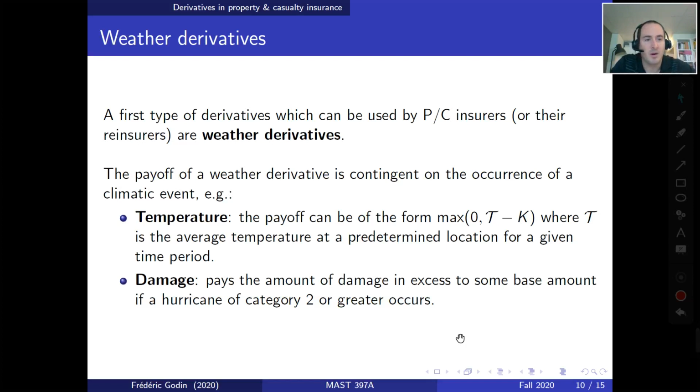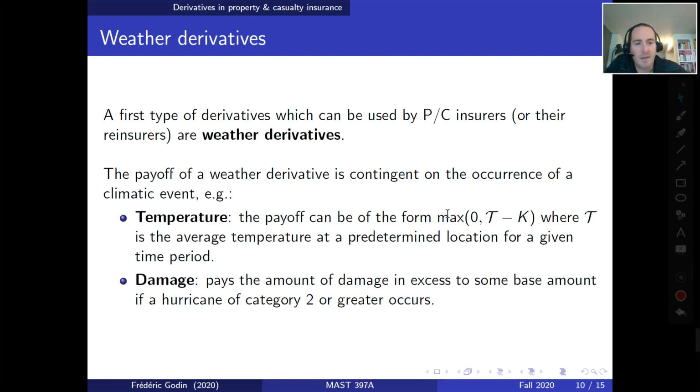The first one we're going to discuss is weather derivatives. The payoff of a weather derivative is contingent on the occurrence of a climatic event. For example, there are many weather derivatives whose payoff depends on temperature.